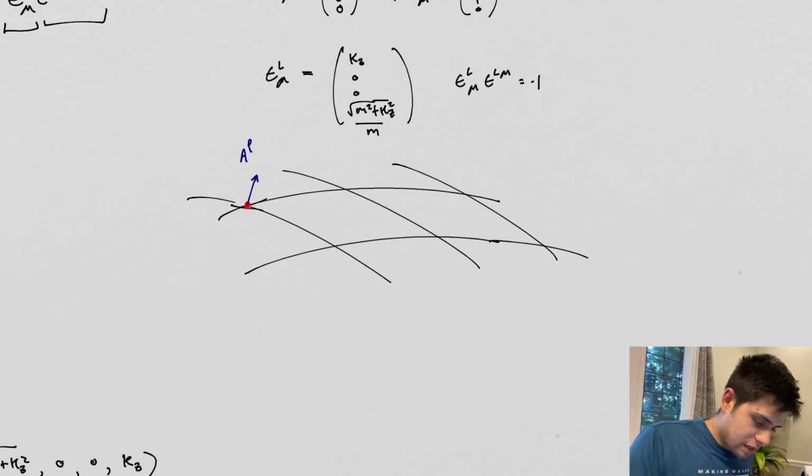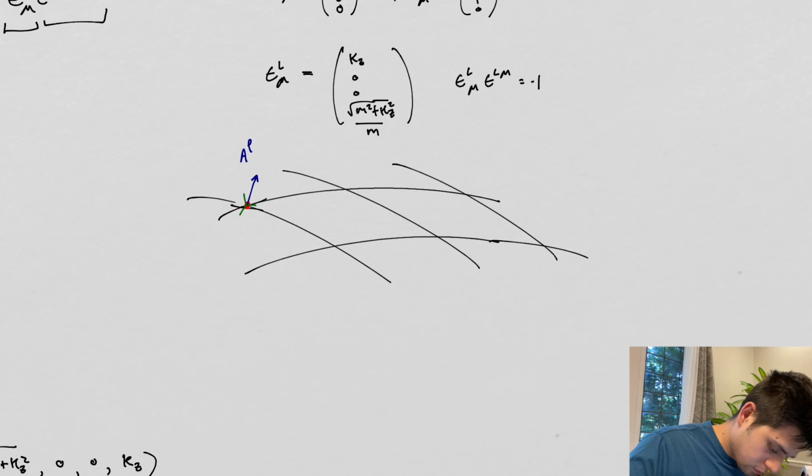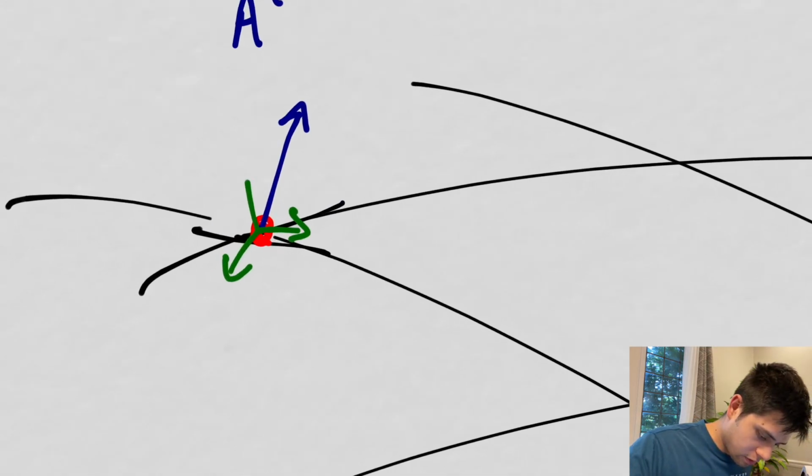So this vector has a tiny little coordinate system, if you will, that I'll zoom in on here.